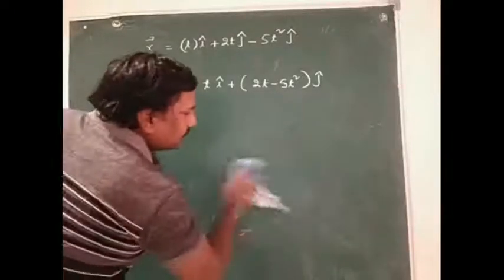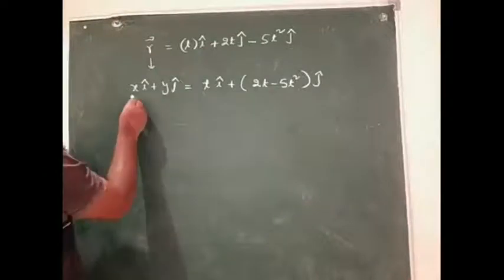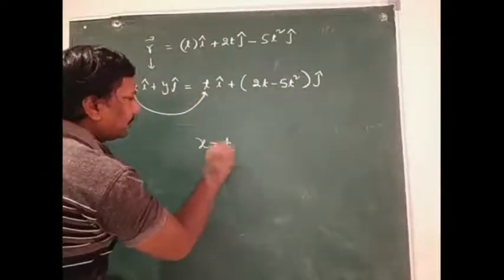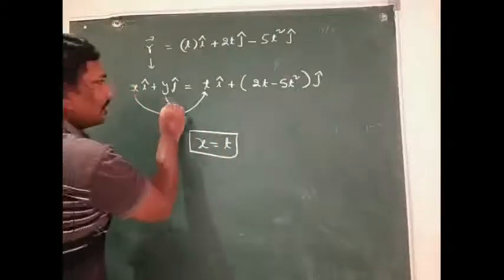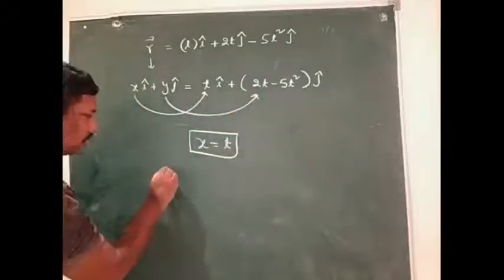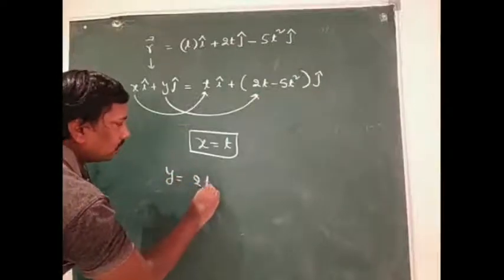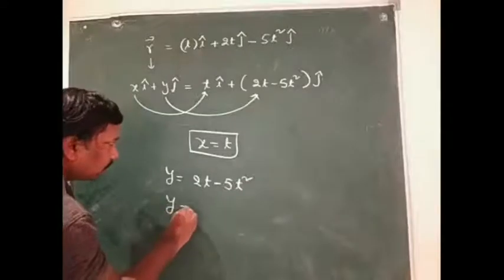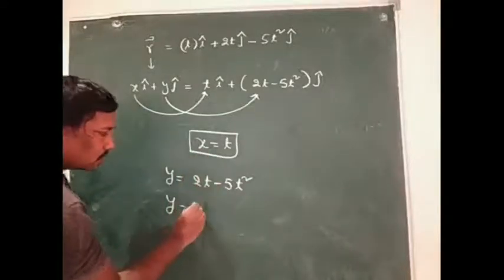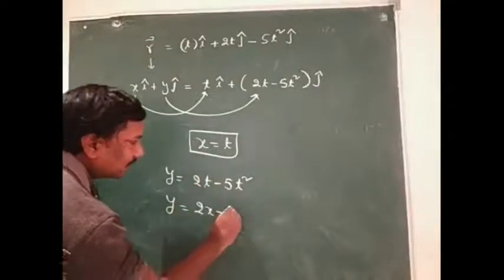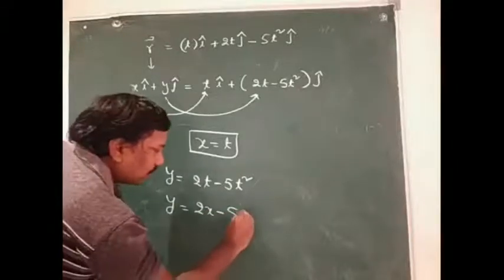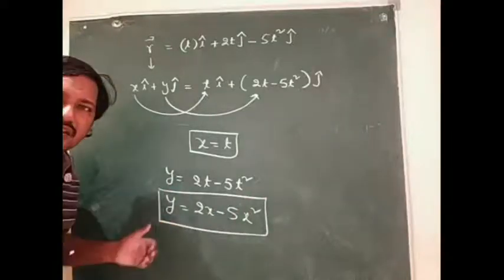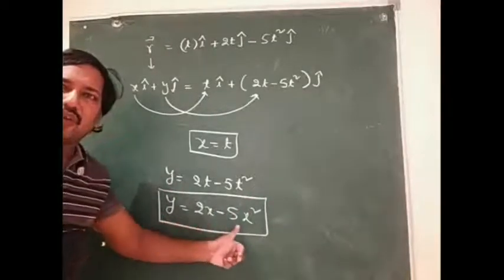Here x is equal to t, and y equals 2t minus 5t square. Since x equals t, y equals 2x minus 5x square. So the equation of the projectile is y equals 2x minus 5x square.